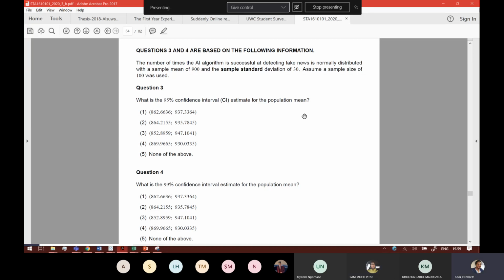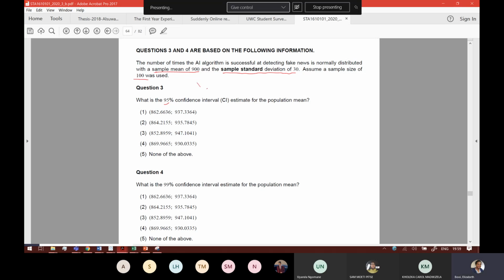The number of times the AI algorithm successfully detects fake news is normally distributed with a mean of 900 and a sample standard deviation of 30. Assume that the sample size is 100. Calculate a 95% confidence interval.